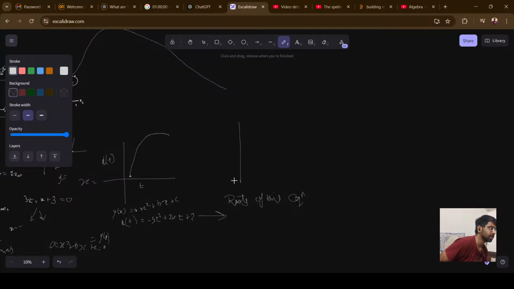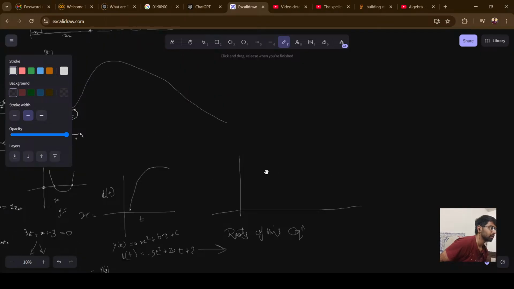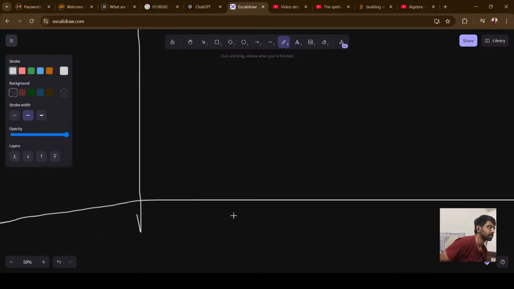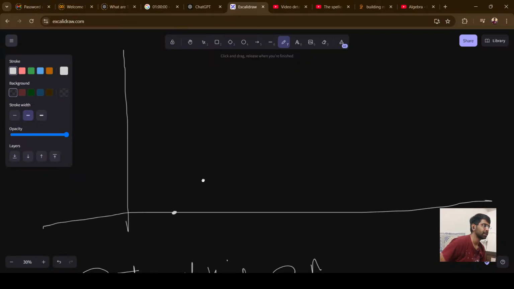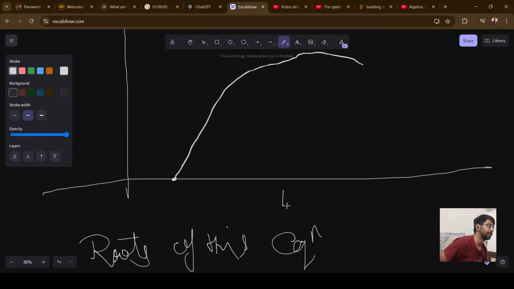Let's say you are standing here, right? You are a point-like structure in this universe. Obviously, you are a point-like structure, and you threw a ball above this. And it has been traveling like this. This is time t seconds.